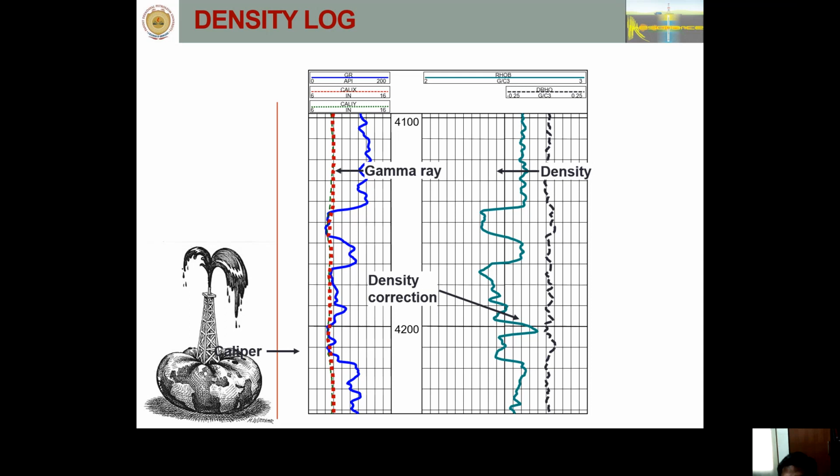We can see the scale of the rho B varies between 2 to 3, and rho B is increasing towards the left. We also need to apply some density correction to the rho B value.